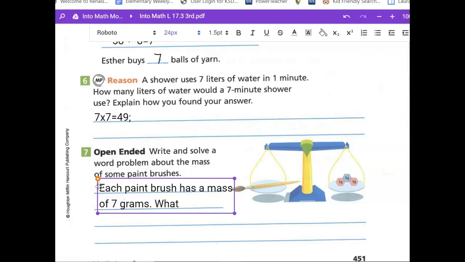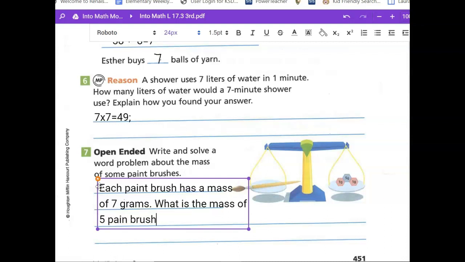What is the mass of 5 paint brushes? So you would say 7 times 5 equals 35 grams. Go ahead and move on to your homework.